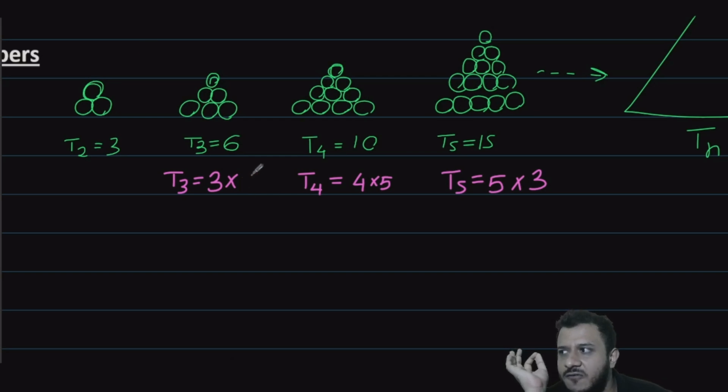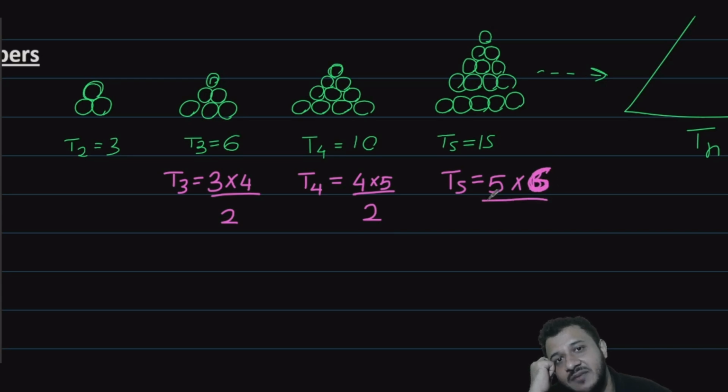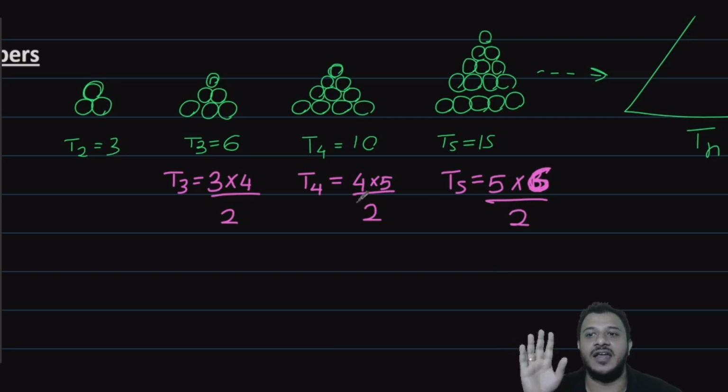Instead of writing 2, what if I write 4 over 2? 4 times 5 is 20, 20 divided by 2 is 10. Instead of 5 times 3, what if I write 5 times 6 divided by 2? Now that makes a nice pattern. The number you want, multiply by the number after that, divide by 2.